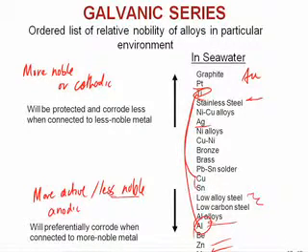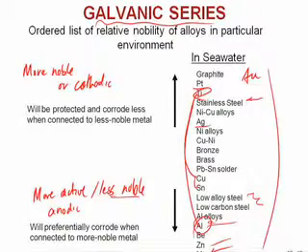So the alloy that's higher will corrode slower. The alloy that's lower will corrode faster when we connect them together. Okay? So this galvanic series is a way of judging which one will corrode faster or slower, just by looking where it is on this series. And this is in seawater. Could change in other environments. Seawater is a common corrosive environment.